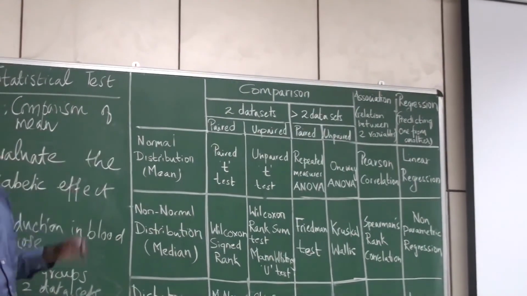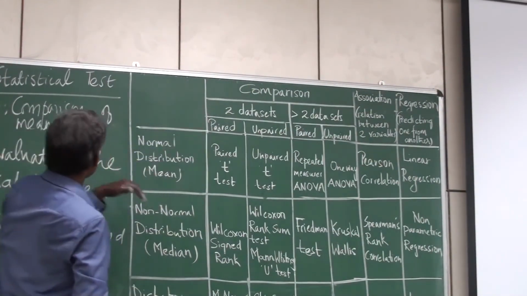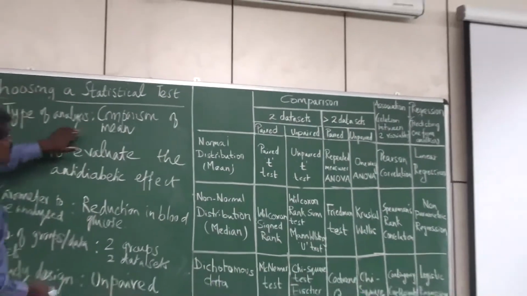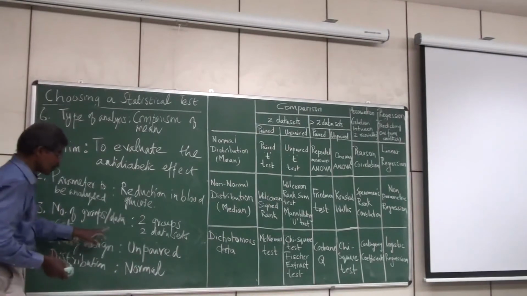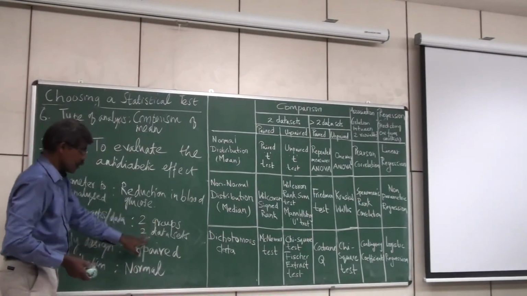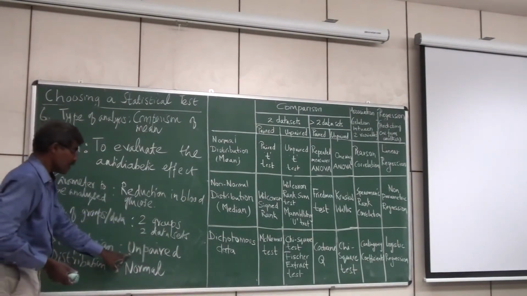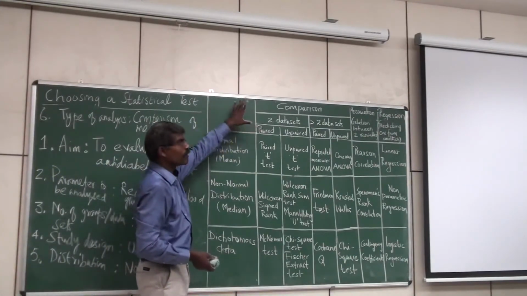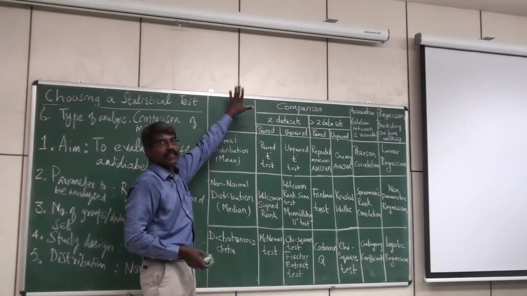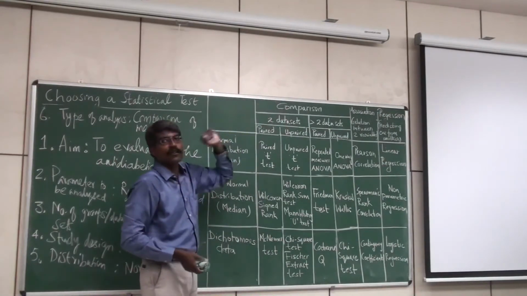Now let us fix the column. It is compare. What is our type of analysis? I want comparison of means. Let me see how many groups I have. I have 2 groups, 2 data sets, and my design is unpaired. Which broad column does it come to? It comes to comparison, isn't it? Because it's not association, it's not regression.